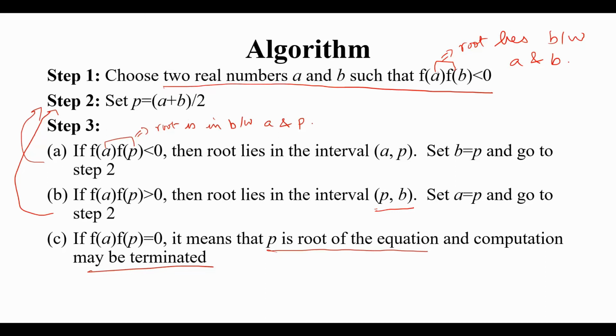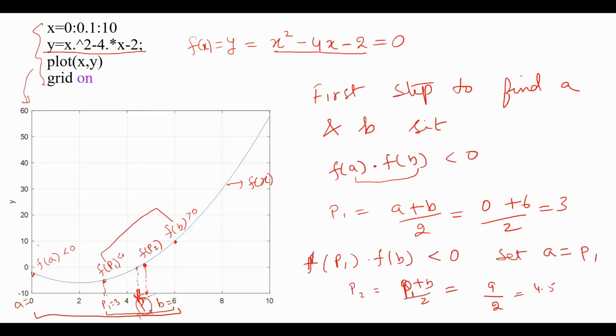The other thing you can see is that this is a quadratic equation, so it will have two roots, but the bisection method gives one root at a time. So we will restrict ourselves to the positive root only.